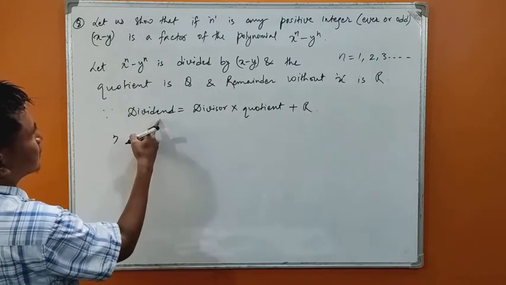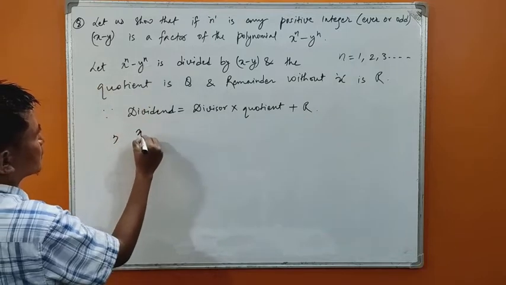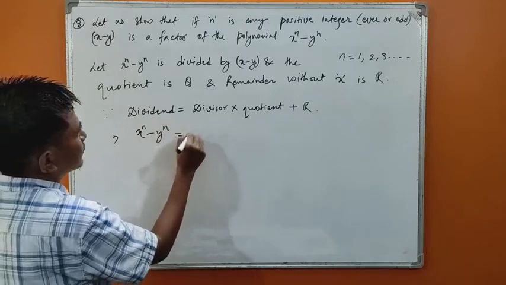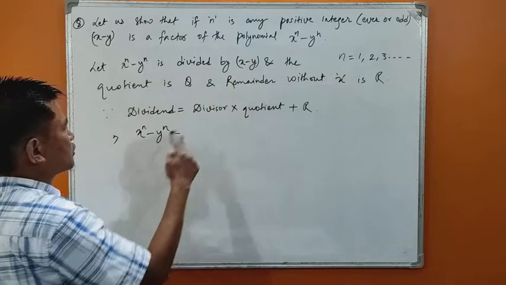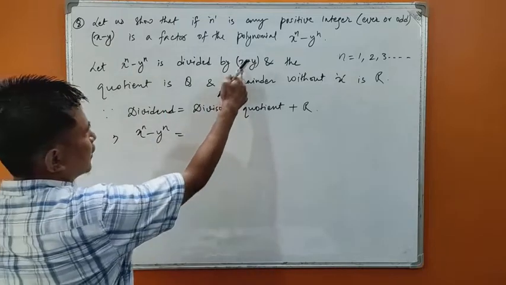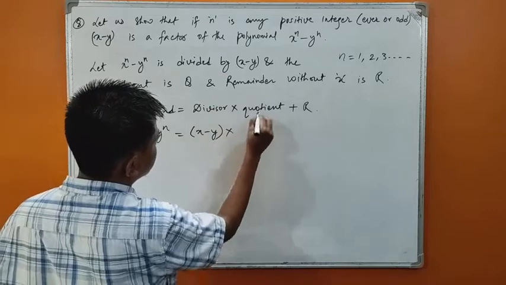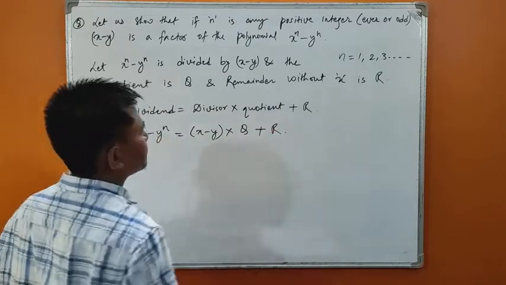Here the dividend is x to the power n minus y to the power n. This expression is being divided by x minus y, so the divisor is x minus y, the quotient is q, and the remainder is r, isn't it?